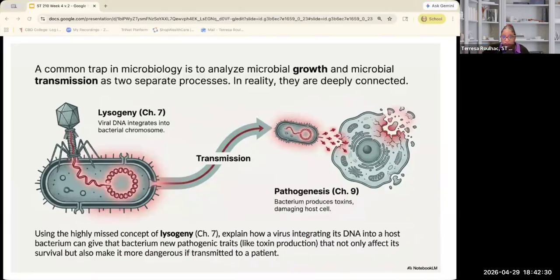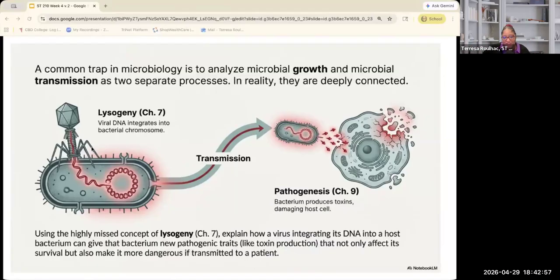The concept on this particular slide, lysogeny, is one of the most commonly missed ideas. And it's missed not because it's super hard or difficult, but because it's usually taught by itself, in isolation. And if you've noticed from this particular course, everything actually builds onto each other and is interconnected. So let's walk through what you're seeing.